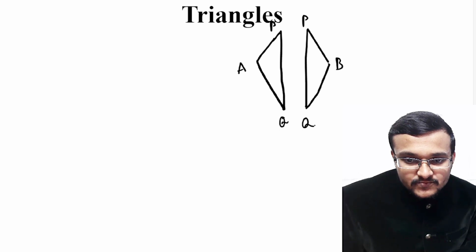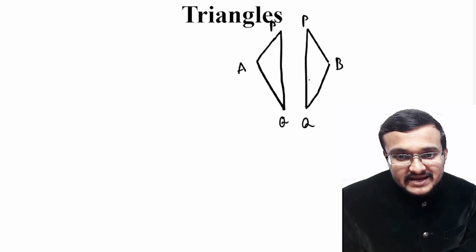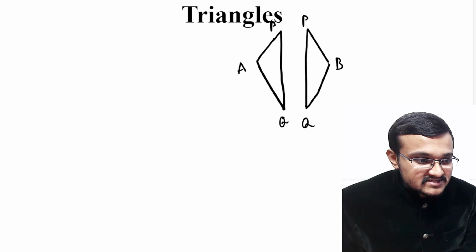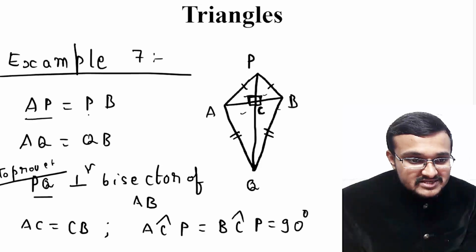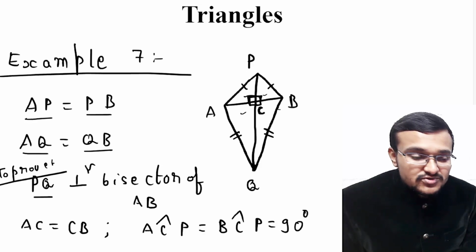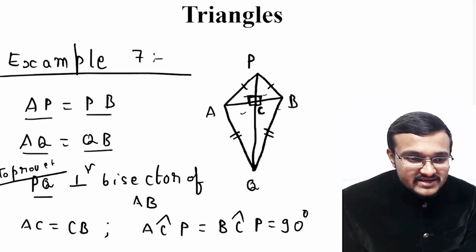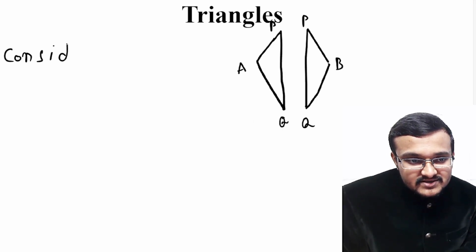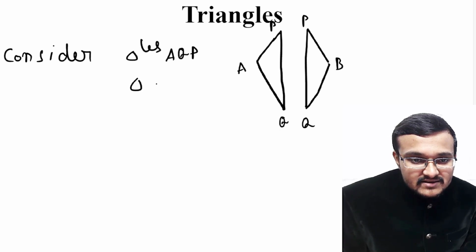Here you have to prove these two are congruent triangles. We know that AP is equal to PB and AQ is equal to QB, which they have already given. So consider triangles AQP and PBQ.